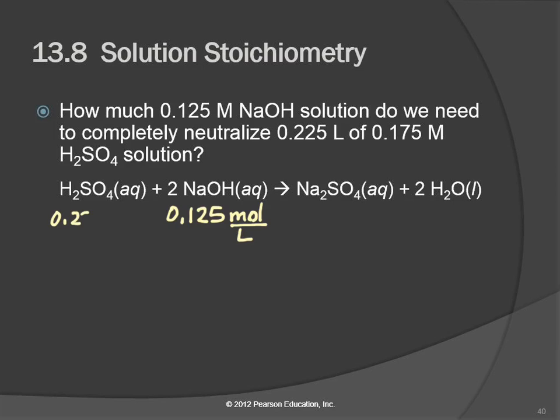So 0.225 liters of that guy. And it also gives us the concentration of the sulfuric acid, 0.175 moles per liter. And then what's the question? How much sodium hydroxide? So question mark. Liters would be a convenient unit. I really need to rewrite these slides. I am sorry.